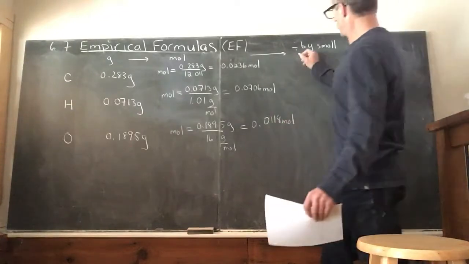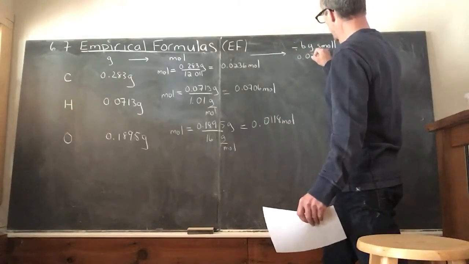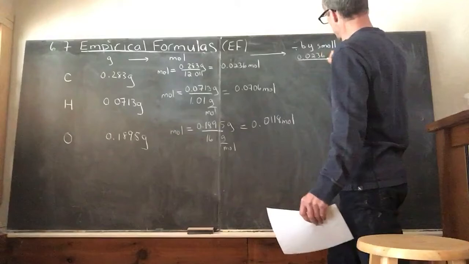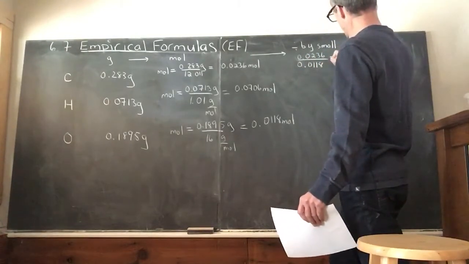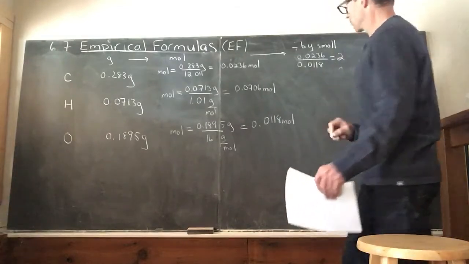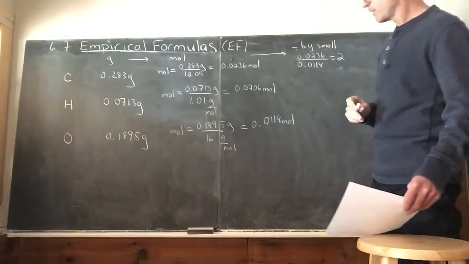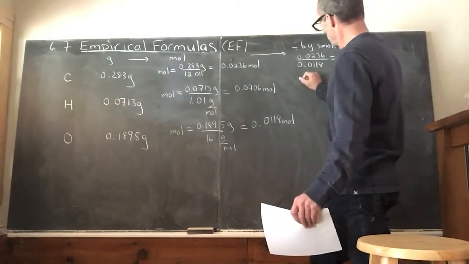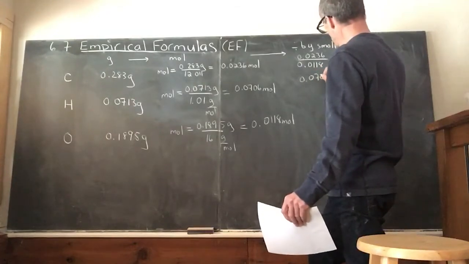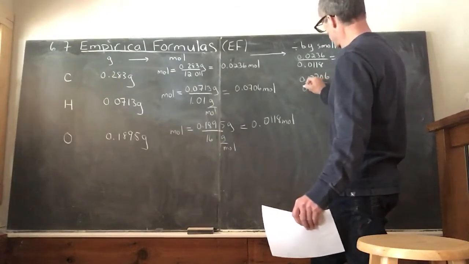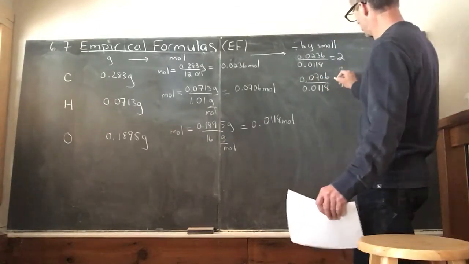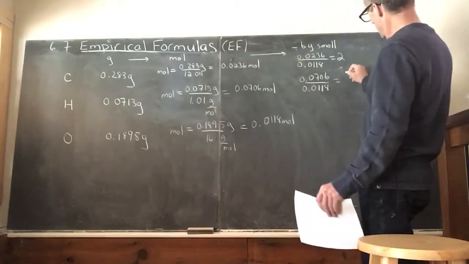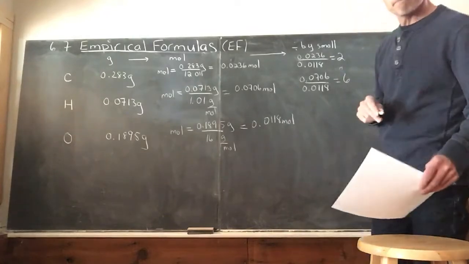So if we continue, we take our 0.0236 and we divide it by 0.0118. That's pretty close to 2. And that's always good to see. If we continue, 0.0706 divided by small, which in this case is 0.0118 from the oxygen, this gives us about 6.